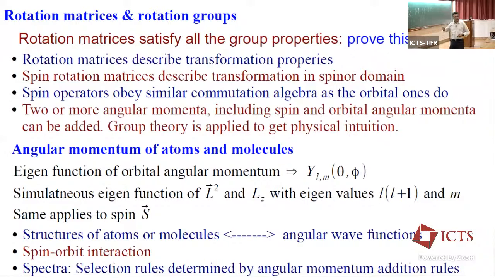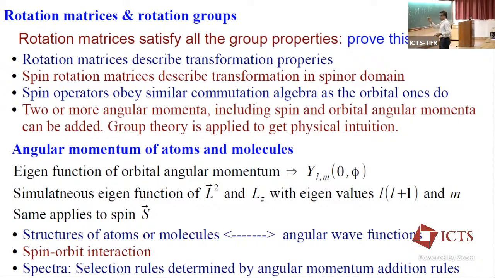And you have L, so it gives you L dot S. Simultaneous eigenfunction of Lz with eigenvalue M. The same applies to spin S. But spin S can have odd half integral values, half spin, which is not allowed in the case of orbital angular momentum. Spin 1 you can have a classical analog, but spin half or 3/2 does not have any classical analog.